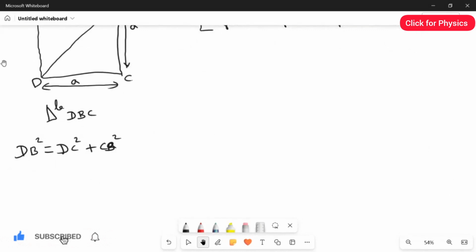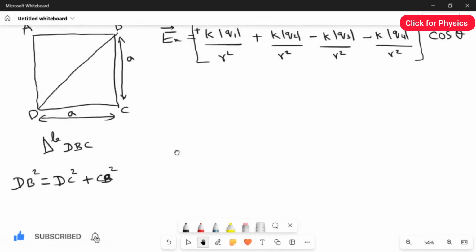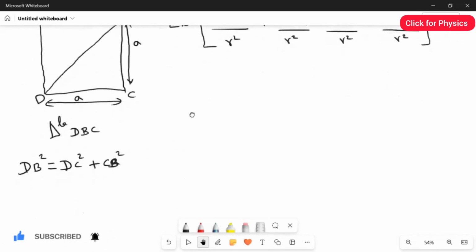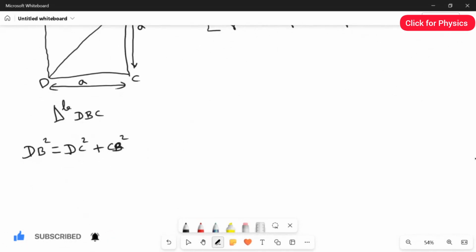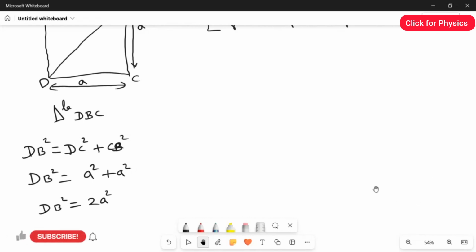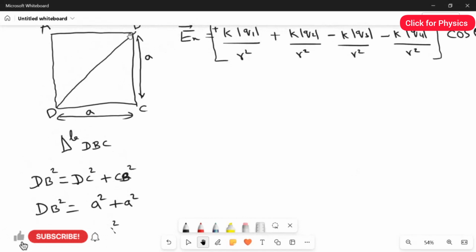Now, what is the distance between D and C and B? It is A, right? So I can substitute the value here. DB square is equal to A square plus A square, which is 2A square. What is this DB? It is nothing but the diagonal of the square.